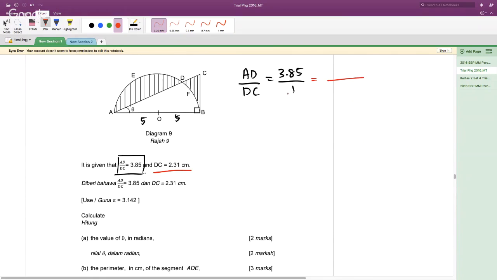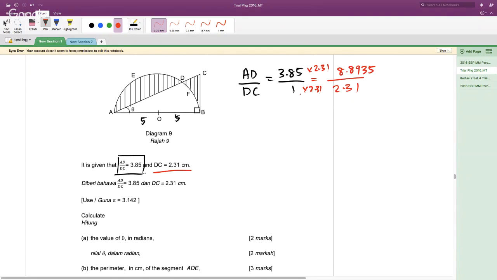If DC changes from 1 to 2.31, AD needs to be multiplied by 2.31 as well. So I get 3.85 multiplied by 2.31, which is 8.8935. This is how I get the length of AD.